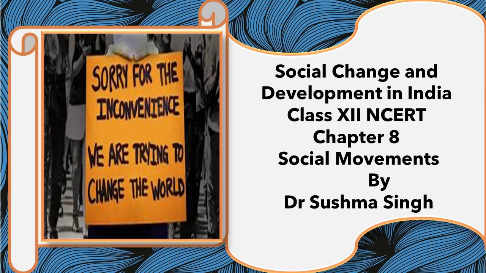Political scientist Rajni Kothari attributes the surge of social movements in India in the 1970s to people's growing dissatisfaction with parliamentary democracy. Kothari argues that the institutions of the state have been captured by elites.